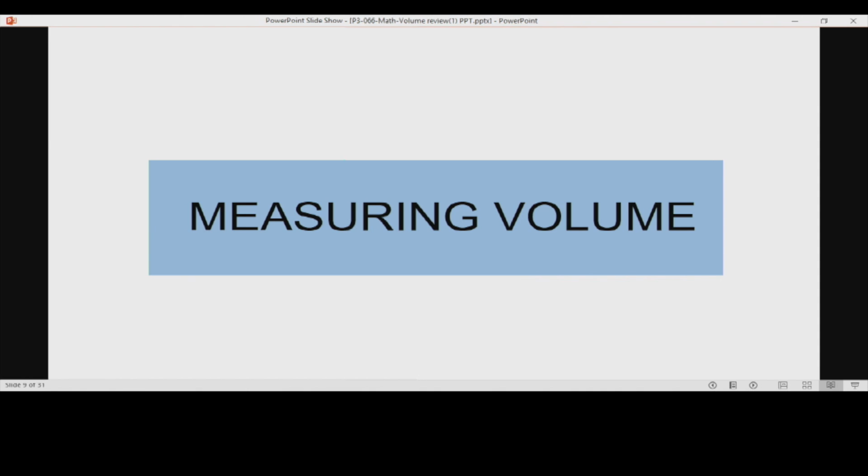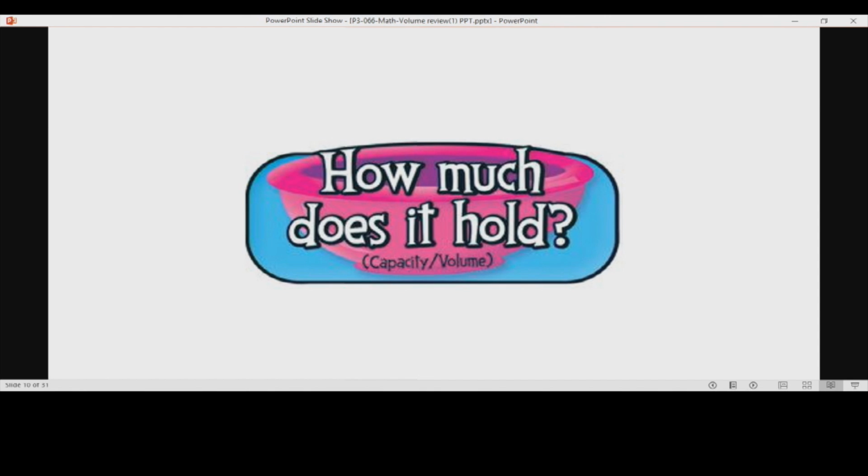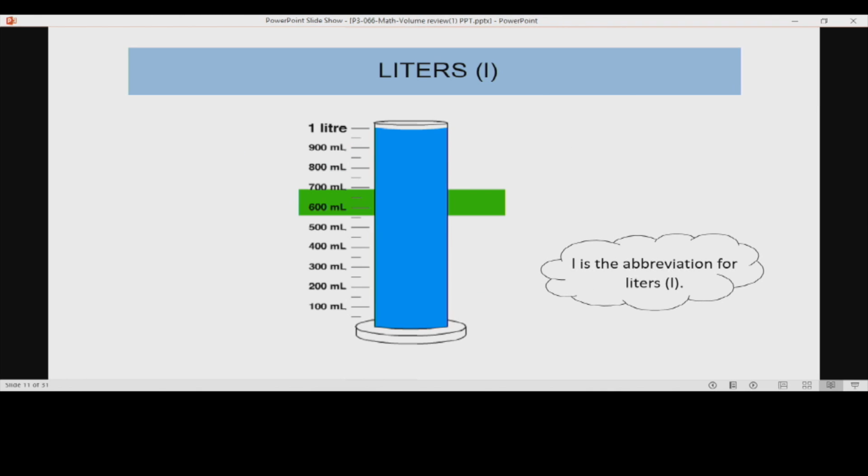So now we'll look at measuring volume. How much does it hold? What's our word here? Litres. What's our capacity? 1 litre.